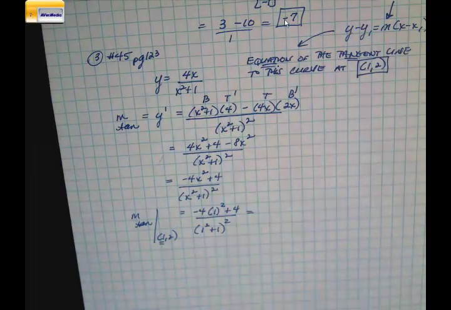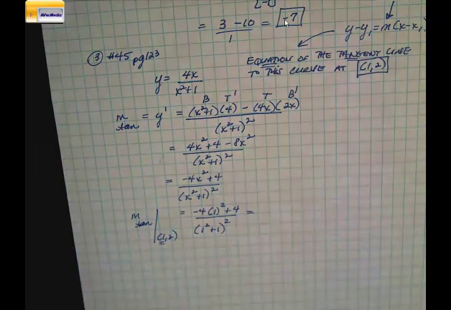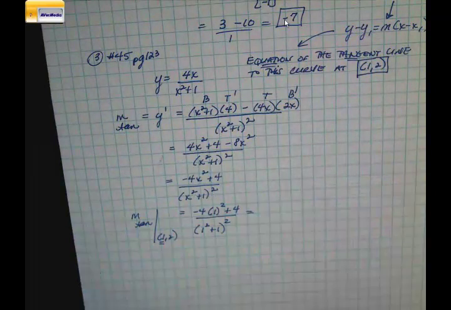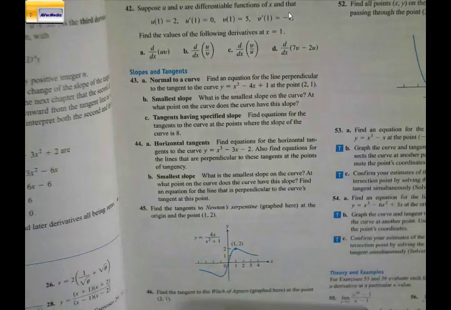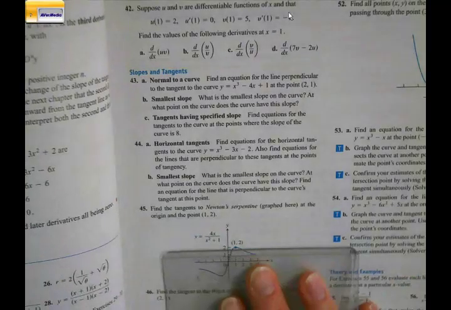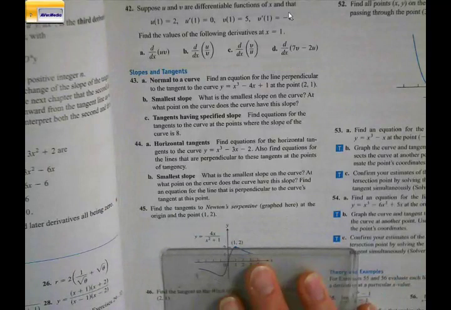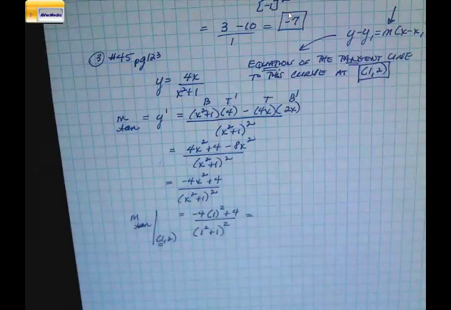No, well, yeah, maybe it is. Okay, it is. Very good. I was questioning myself. At that point (1, 2), the slope of the tangent line is going to be horizontal, which means that slope should be 0, right? That makes sense. So it does come out to be 0.